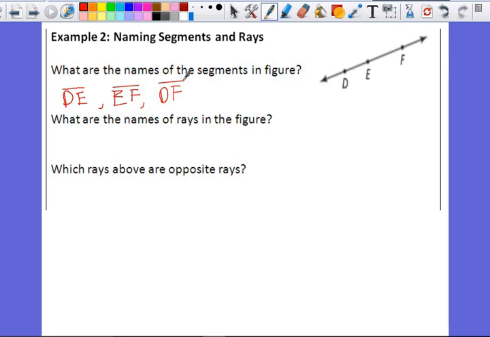What are the names of the rays? There's a couple of different rays. Let's start with one. Let's go D to F, all right? So what that's telling me is that I'm starting at D, and then I'm going this direction forever and ever, all right? So that's one ray that we could use. I could also use EF.